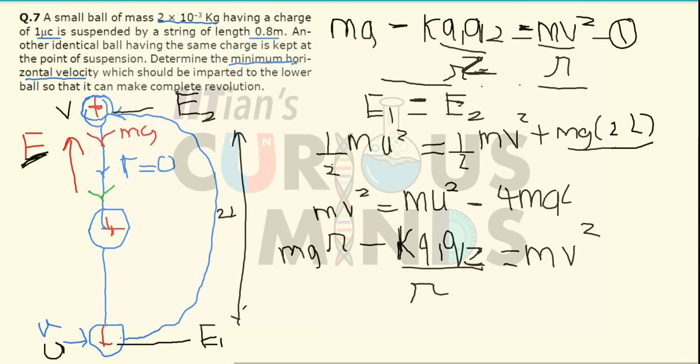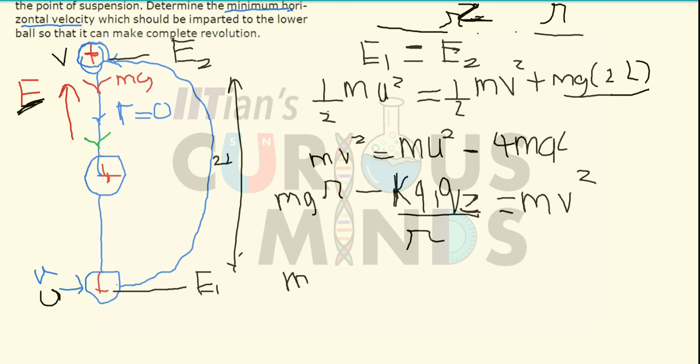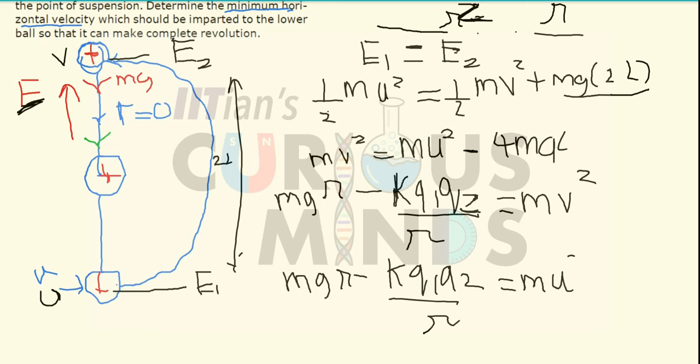Now in place of mv square I will substitute mgr minus k q1 q2 divided by r, mu square minus 4 mgl minus 4 mgl.